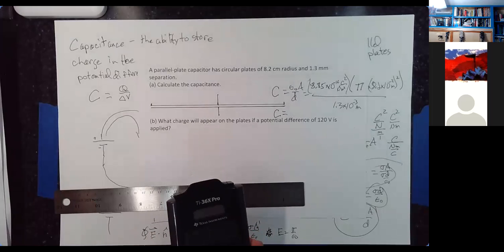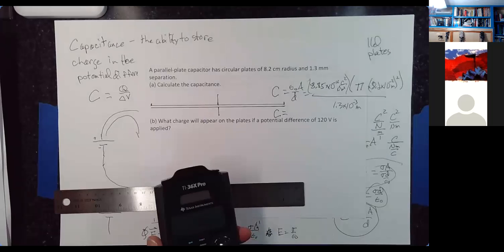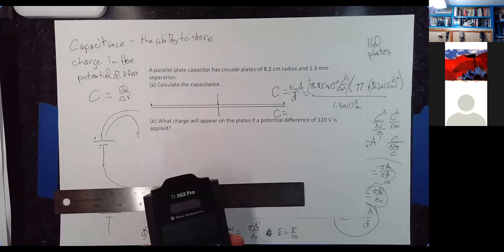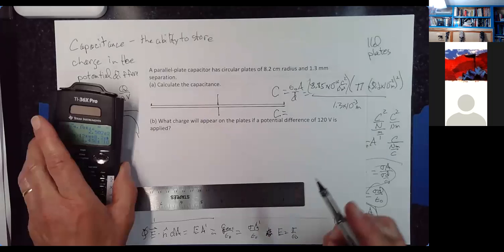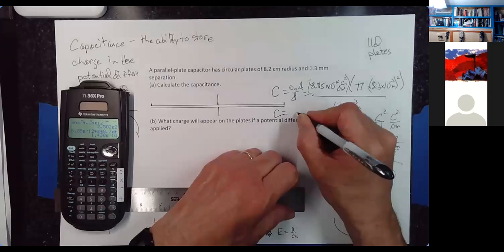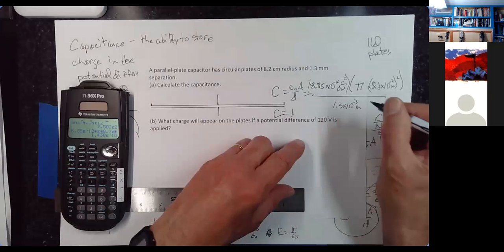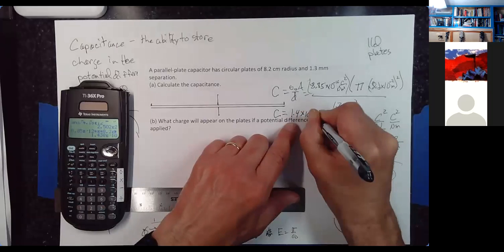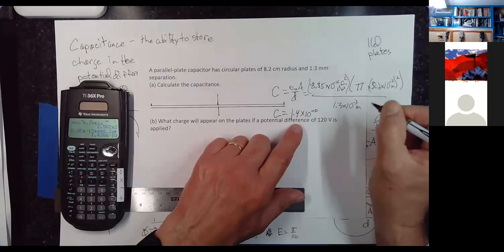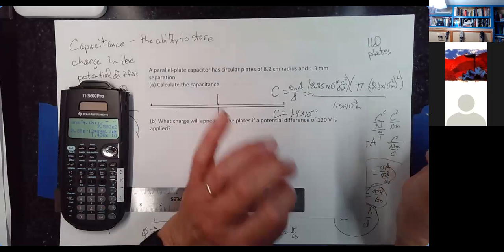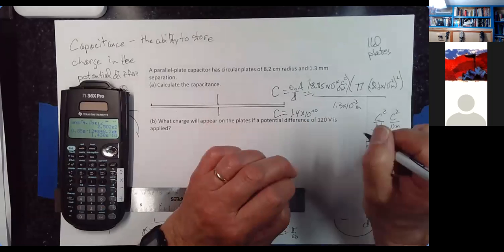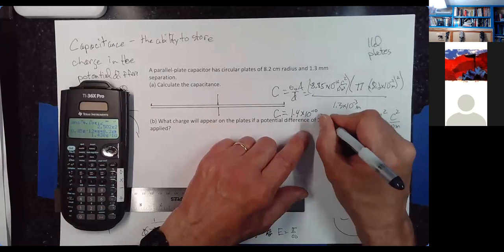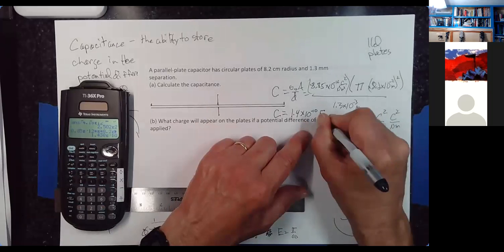Square that, divided by, I get about 1.44. How much? I've only got 2 significant figures. So 1.4 times 10 to the minus 10th, and this would be Newton meters or coulombs per Newton meter per Coulomb, or farads. And the abbreviation for a farad is a capital F.